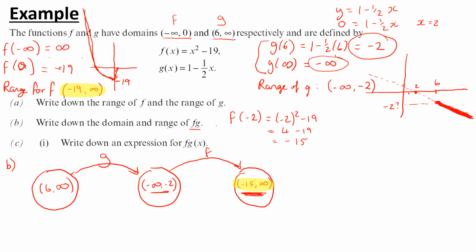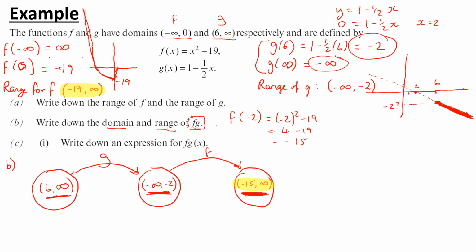Right, okay, so let's go back to the beginning and just recap what's happened. We're doing the composite function fg, which means we perform g first then f. So I performed g first. I thought carefully about what am I allowed to put into g, and after I've performed g, what will I get out? Then I performed function f, so I put these numbers into function f, and I've worked out what will I get out. The question was, write down the domain and the range of this composite function.